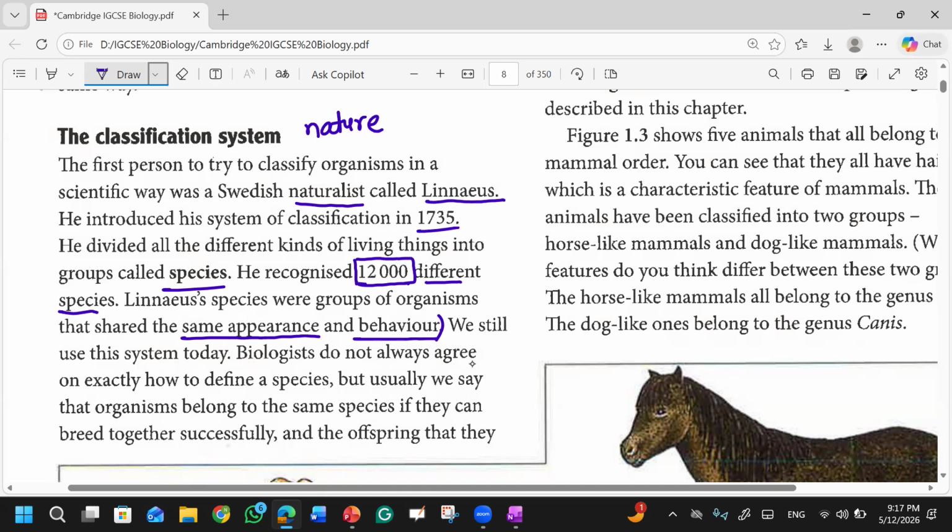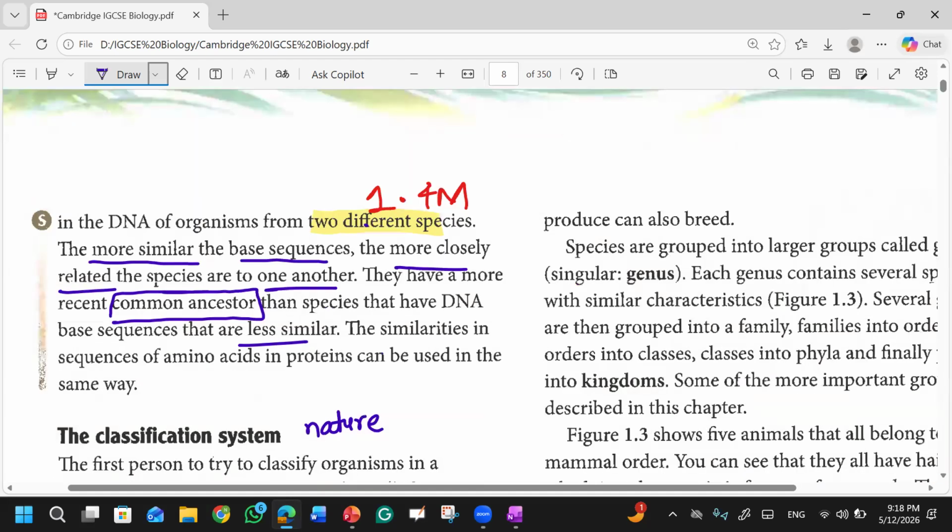Biologists do not always agree on exactly how to define a species, but usually we say that organisms belong to the same species if they can breed together successfully. Species are those which can breed together successfully, and the offspring that they produce can also breed. So it means they have fertile offspring. Clear?